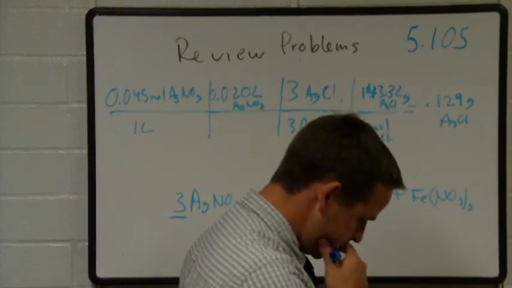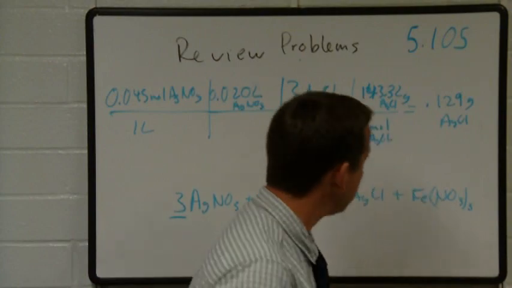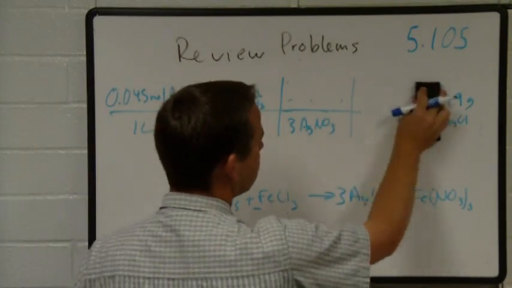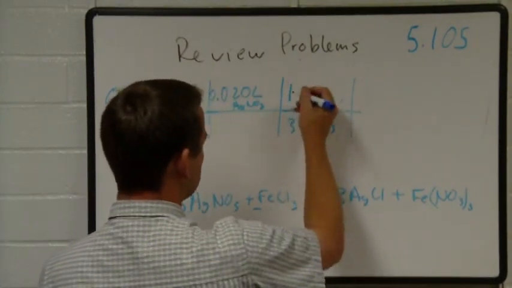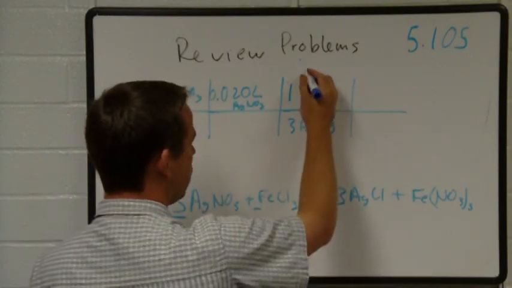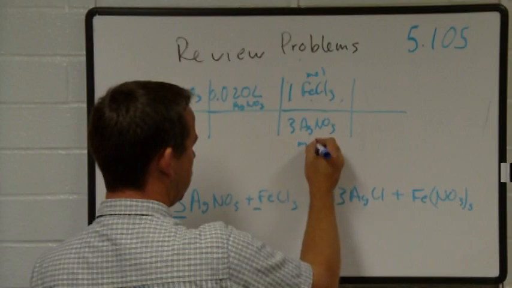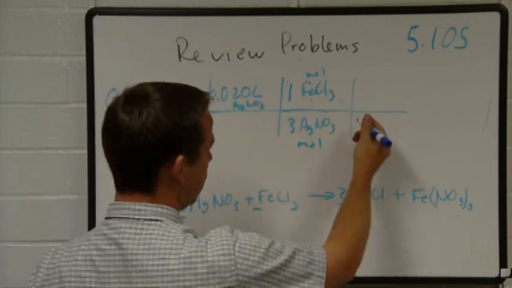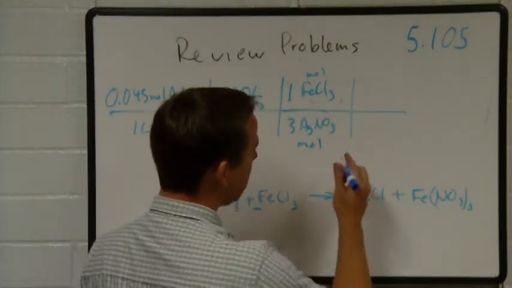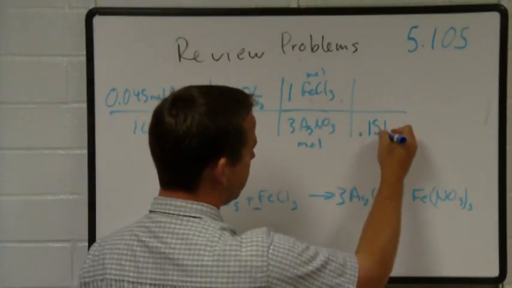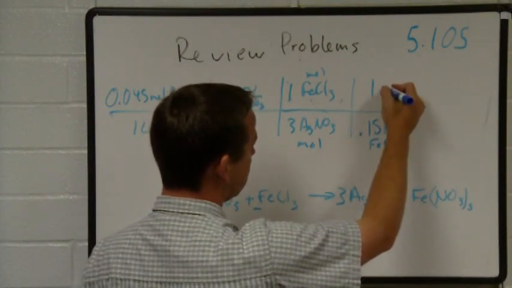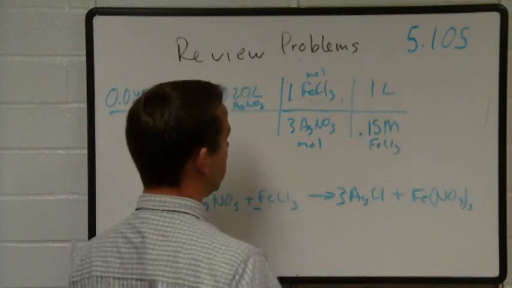And now the first part, we have to go back here, and this is going to be the iron chloride, right? So there's 1 FeCl3 for every 3 moles of silver nitrate, and we know that our solution is 0.15 molar. So 0.15 mole of FeCl3 for every 1 liter of solution, right?